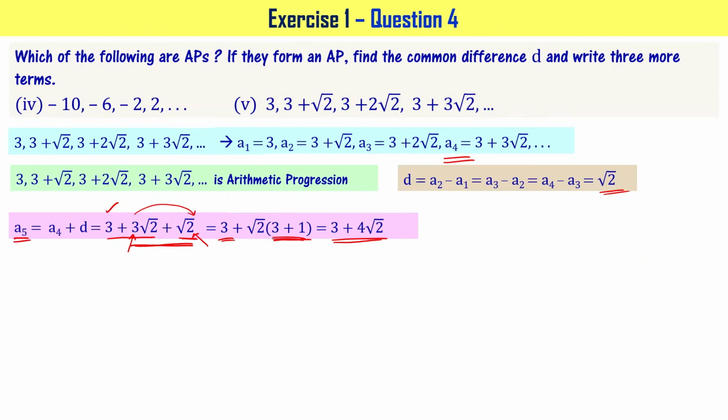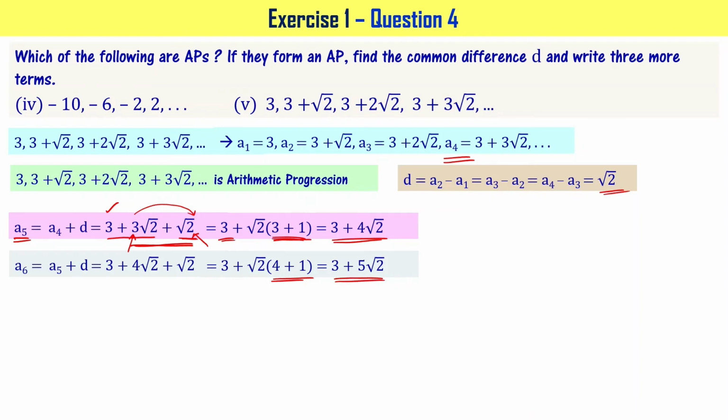Now let me write A6. That is going to be A5 plus D. That is 3 plus 4 root 2 plus root 2. That I can write it as 3 plus root 2 times 4 plus 1. That is going to be 3 plus 5 root 2, right? Now let me write A7. A7 equal to A6 plus D. That is going to be 3 plus 5 root 2 plus root 2, right?